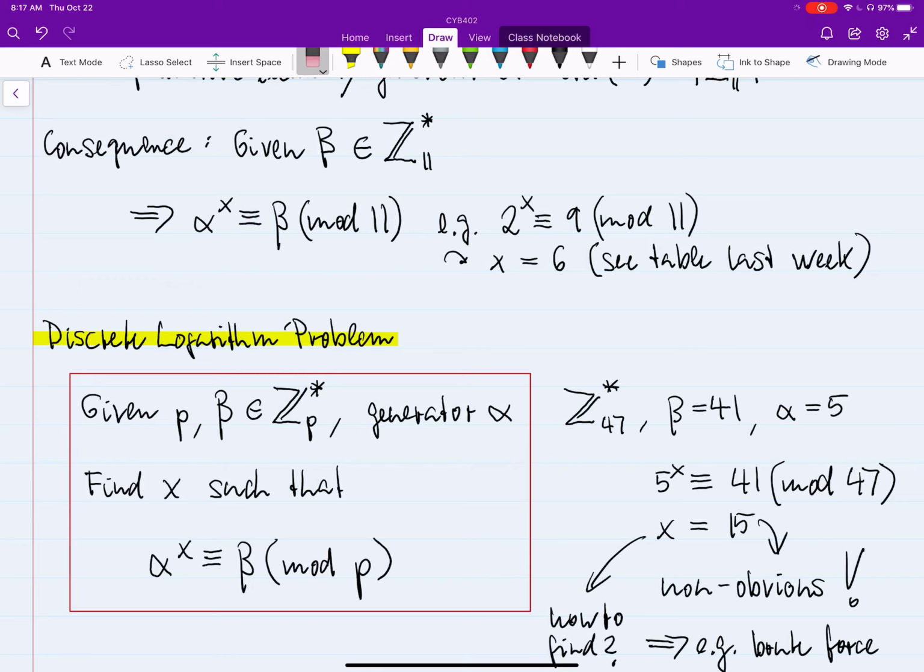So for example, for our Z11 star group, we had a generator 2, and we developed a table to show that it is a generator. So we could show that for any x running from 1 through 10 followed a certain beta, and looking at all the betas that we generated, they were exactly all of the elements of the group as well. So 2 to the x, for instance, congruent 9 mod 11, in this case x would be 6, and you can look it up in the table that we developed last week.